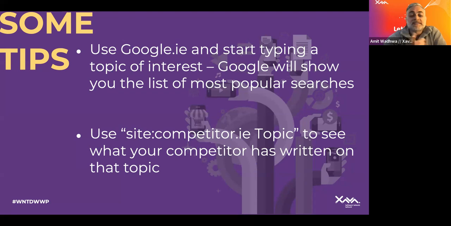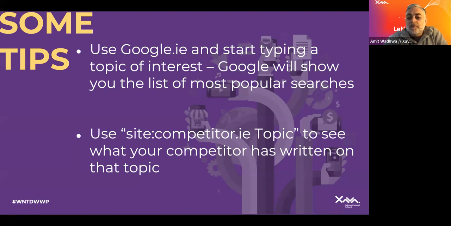So let's say I was doing some research a while ago on how to create trackable links. I started typing in how to create trackable links, and it gave me an idea of what people were searching for. And you can get creative. So I started with trackable links and then started building up the question around it to see what it was giving me, and those suggestions that come up are ranked by Google in terms of number of search volume. So it can be quite a useful, basic but useful keyword search research tool.